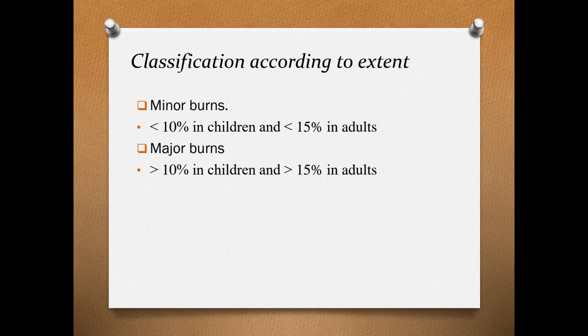Okay, there is another classification that depends on the extent of the burn, which is the area of skin that was burned. And here the burns are classified into minor burns and major burns. If you have less than 10% of the body surface area affected by the burn in children, or less than 15% in adults, we call that minor burns.